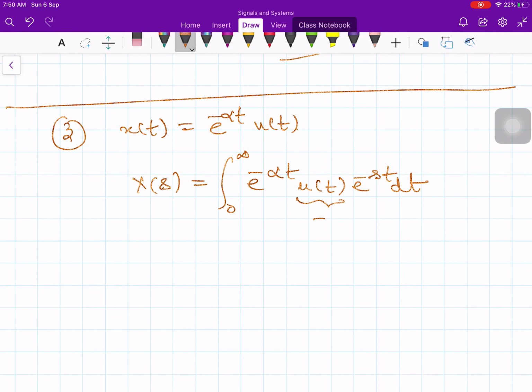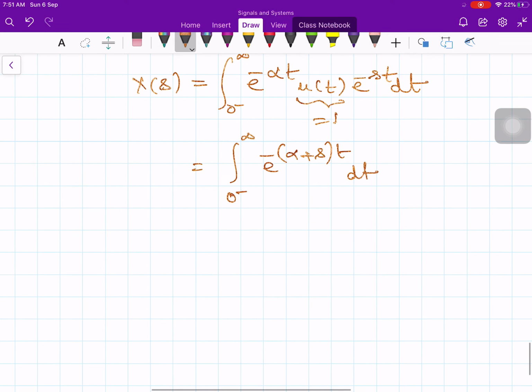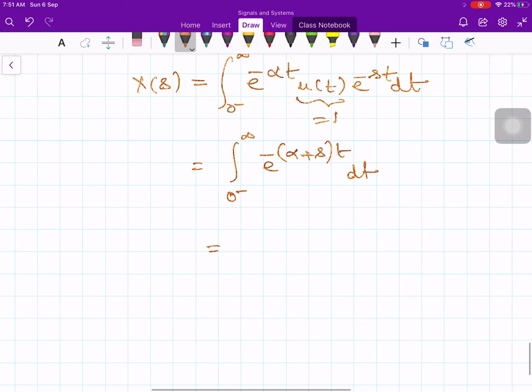So rearrange the integration. You put 0 minus always for the safer side. e to the minus of alpha plus s times t dt. Okay. Again this is equal to e to the minus of alpha plus s times t divided by minus of alpha plus s, and the limit is 0 minus to infinity.